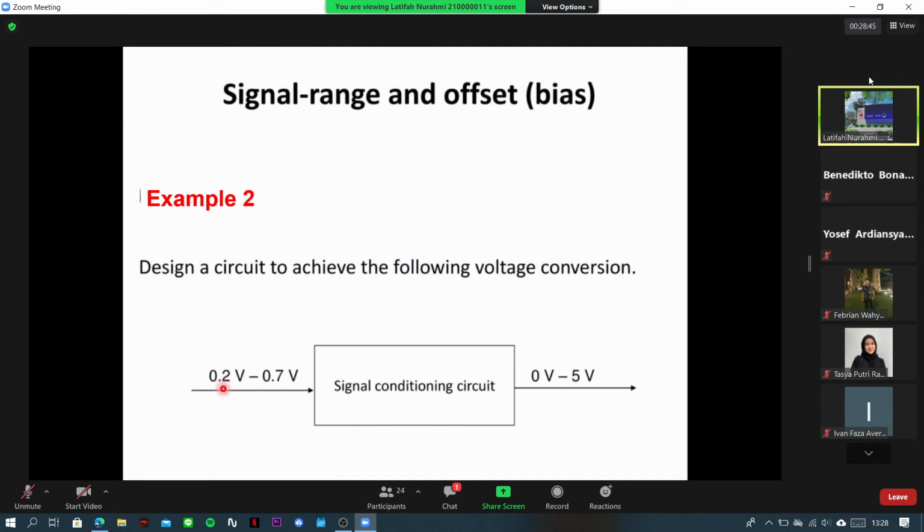It's 0.2 up to 0.7 volt. It's too small, right? And then you want to get about 0 up to 5 volts. So you need a signal conditioning circuit here. You need to design how we can amplify the signal range from this into this.